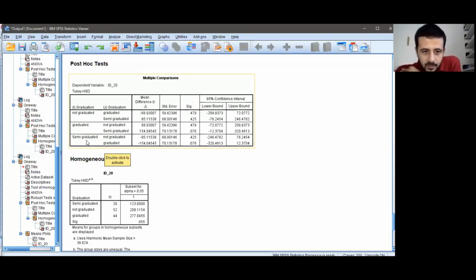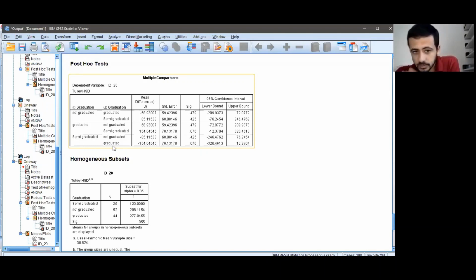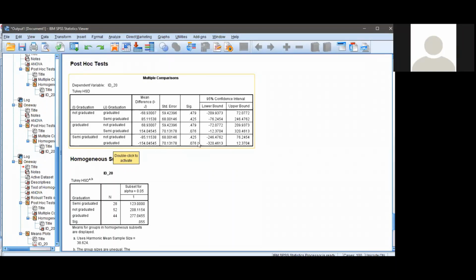If you go further, semi-graduated from not graduate and semi-graduate from graduated, it is just information nearly from up there. It is significant in the semi-graduated versus graduated. So graduated versus semi-graduated or semi-graduated versus graduated is the same, just in a different line.